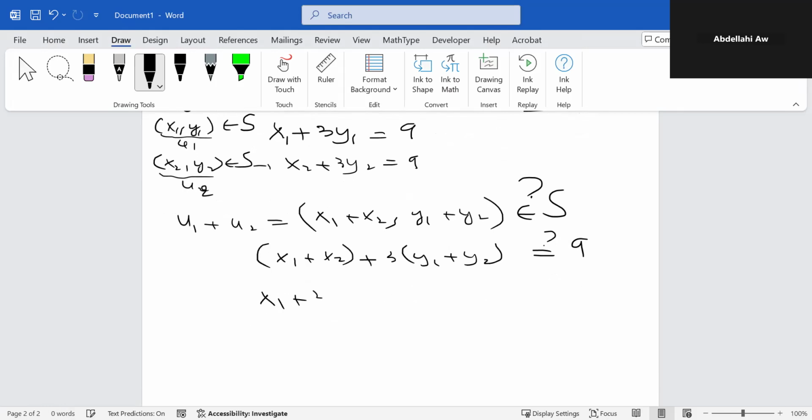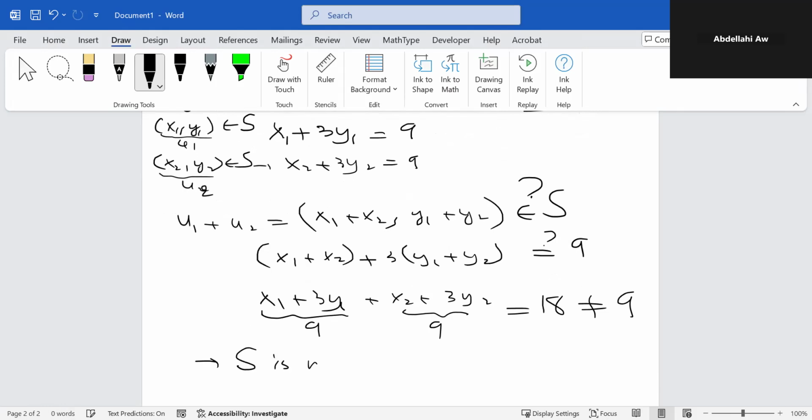This one is x1 plus 3y1, and the other one is x2 plus 3y2. But because each one of them is an element of S, the first one is 9, the second one is 9, so it's giving me 18. So this is not 9. Therefore, S is not closed under addition.